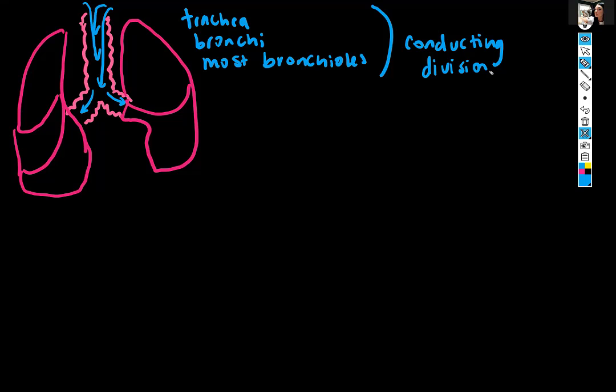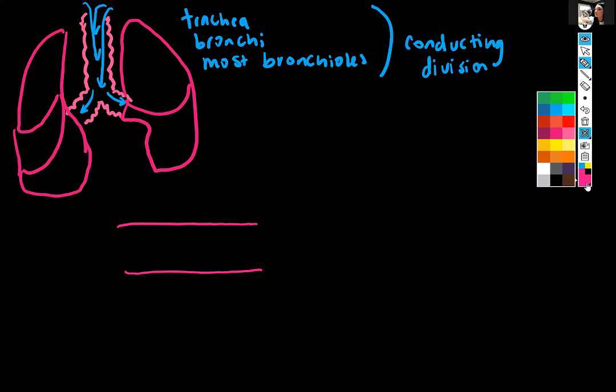So no molecular gas exchange is taking place there. So what I'm going to do is draw some very basic histology. So we're going to start with a drawing of a bronchiole. And I'm going to draw the little cells that line the bronchiole as well.